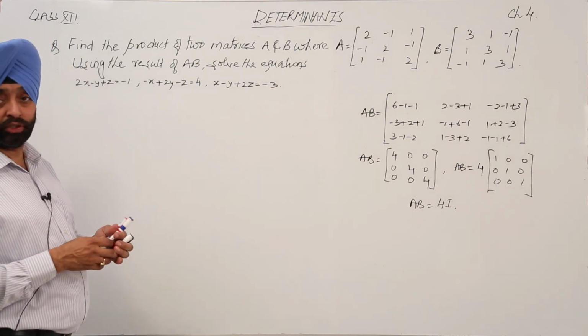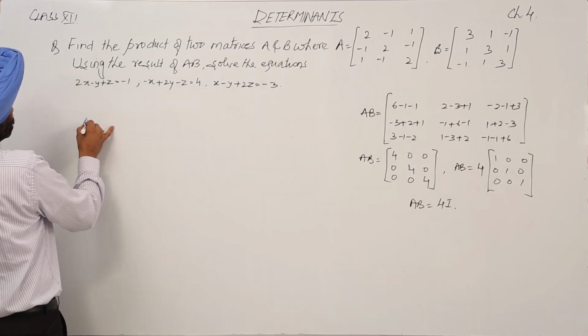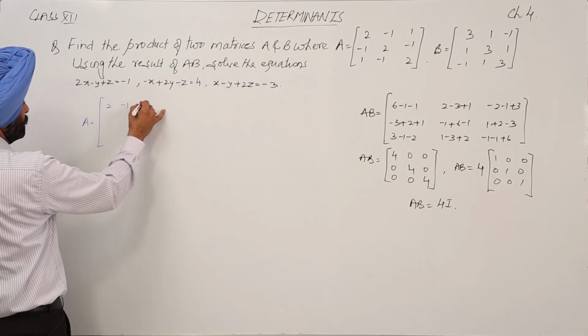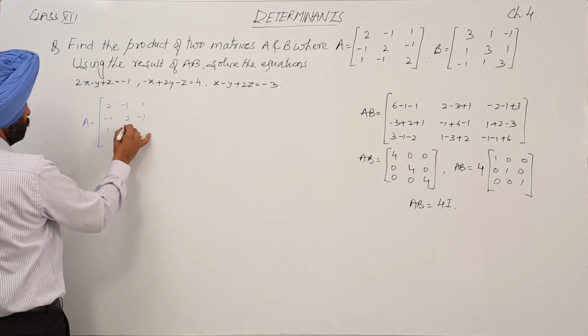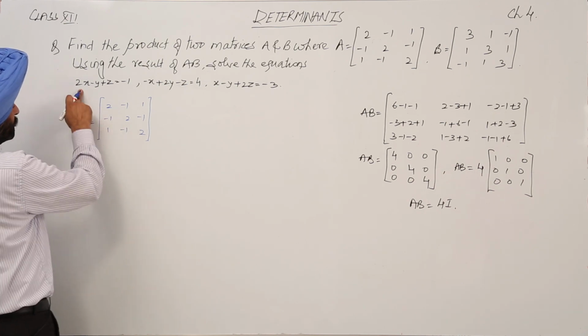First step is to write the equations in matrix form. Now A is equal to 2 minus 1 1, minus 1 2 minus 1, 1 minus 1 2. This is the coefficient matrix of these equations.